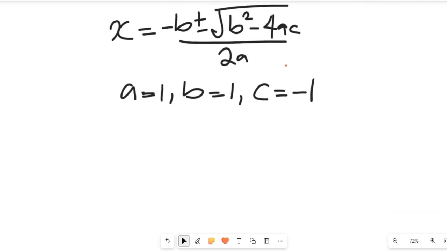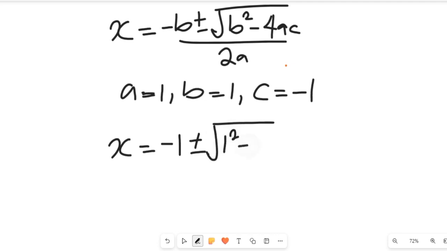So if we substitute that into the quadratic formula, the value of x will be equal to negative 1 plus or minus the square root of 1 squared minus 4 multiplied by 1 multiplied by negative 1, and this will be divided by 2 multiplied by 1.